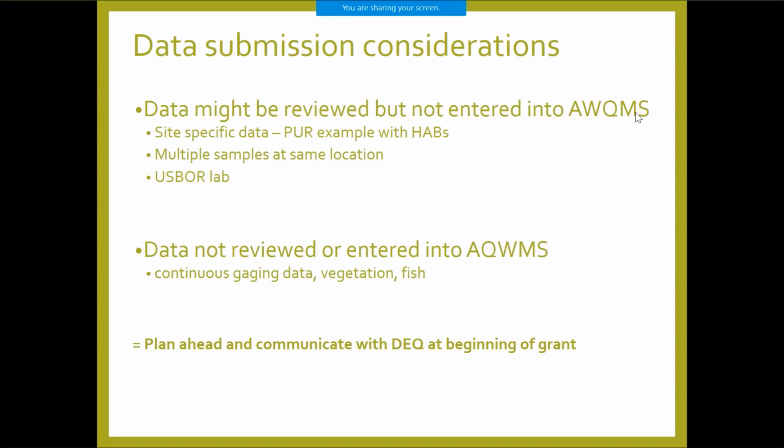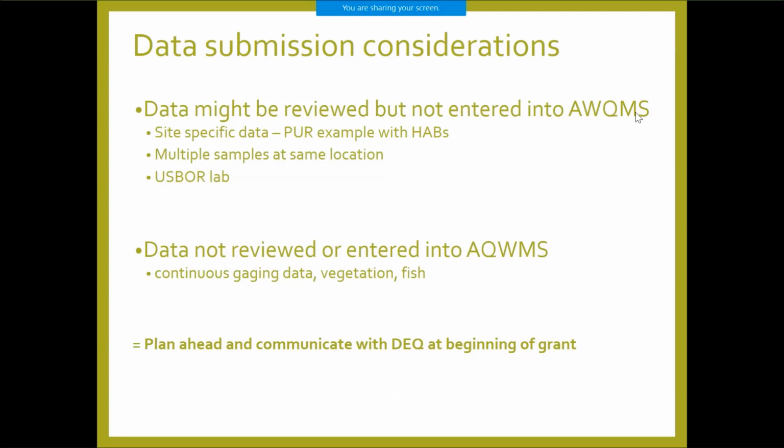There are certain aspects of water quality data that AWOMS does not take in. One particular example would be the Partnership for Umpqua Rivers is doing a pothole study on HABs and algae growth. That kind of data doesn't really qualify or give a status of a water body as much as it is just a localized research question. So that data can't be associated with an actual point on a river necessarily, so it doesn't fit into the AWOMS database that way.